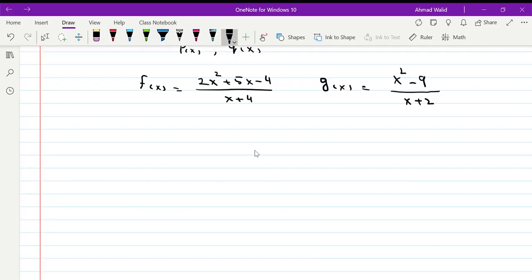Now, the next topic we have to discuss before going to learn graphing is finding the domain of a rational function.